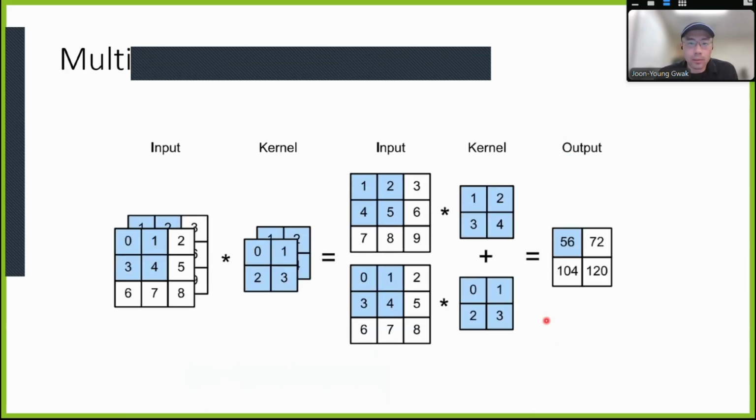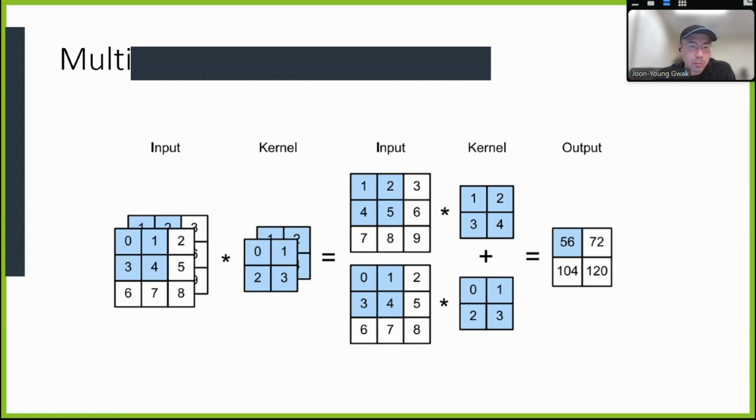Okay, so for this multiple input channel, the previous example only covered the single channel case, but now we can see that the input matrices are overlapped.